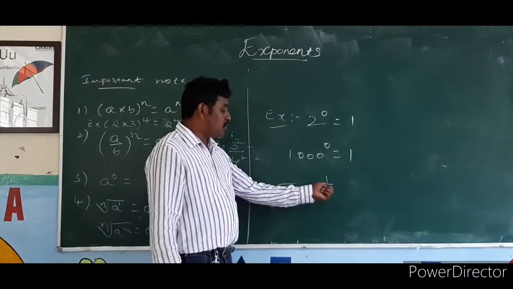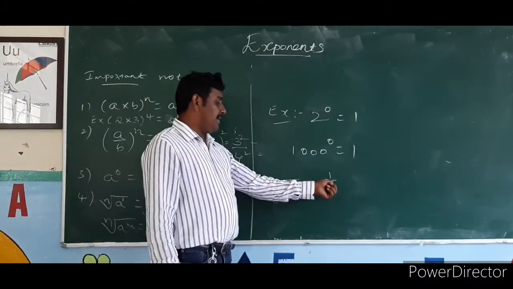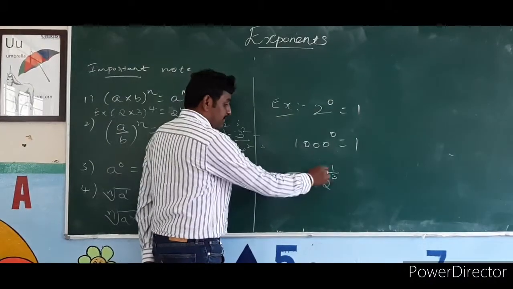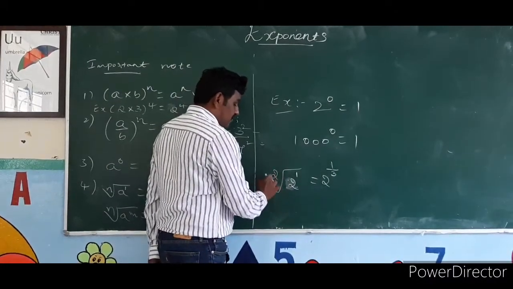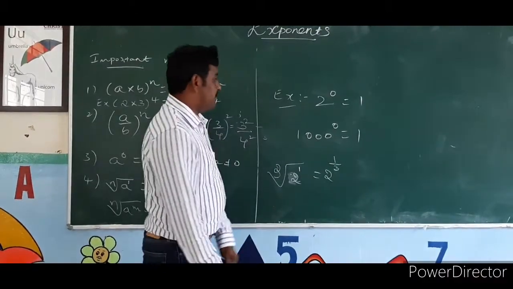So it is 2 to the power of 1 by 3. The power goes to the numerator and the root order comes in the denominator.